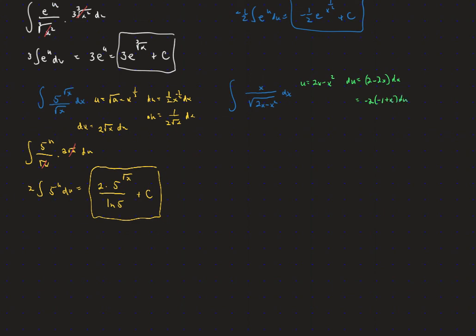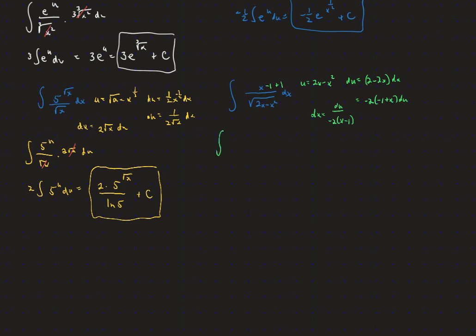And so the dx would be our du over a negative 2, and I'm going to write that as an x minus 1. We look at our integral and say, oh man, if only we had a minus 1 there, it would be perfect. So we're going to put it in.